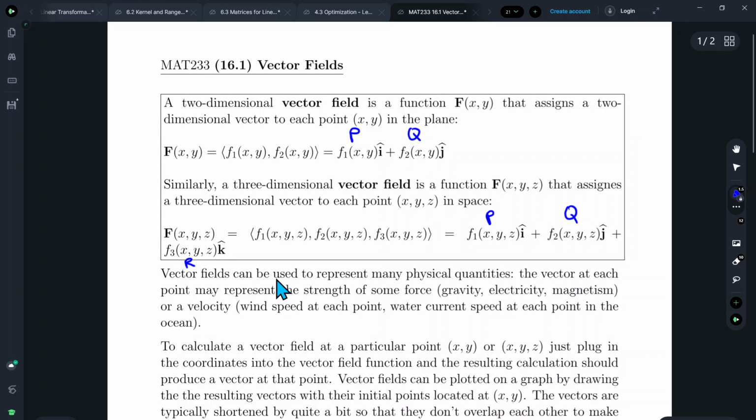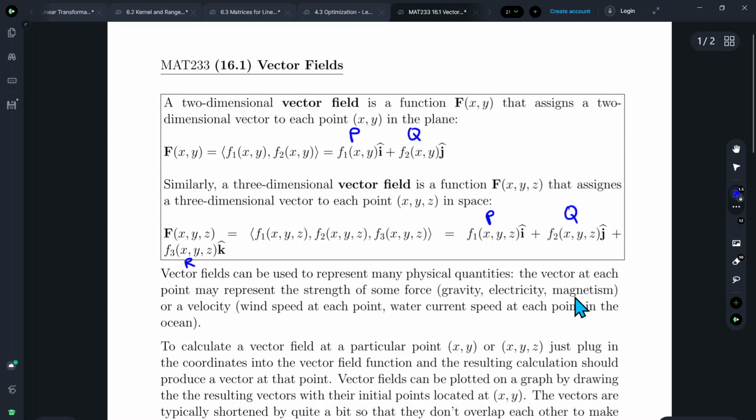Vector fields are very useful to represent various physical quantities. For example, the vector at each point can represent the strength of some force. If you have a massive object, it could be a gravity field. If you have electrical current, this could be an electric field.